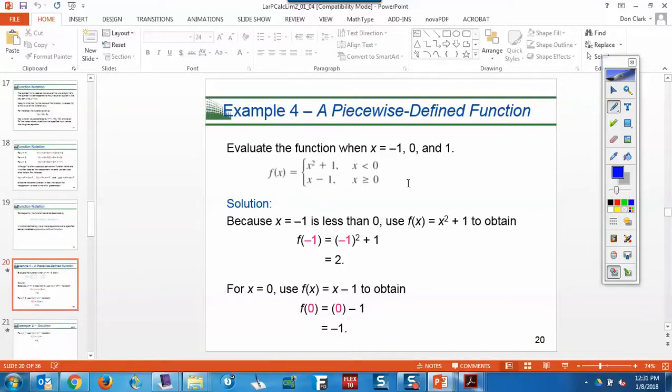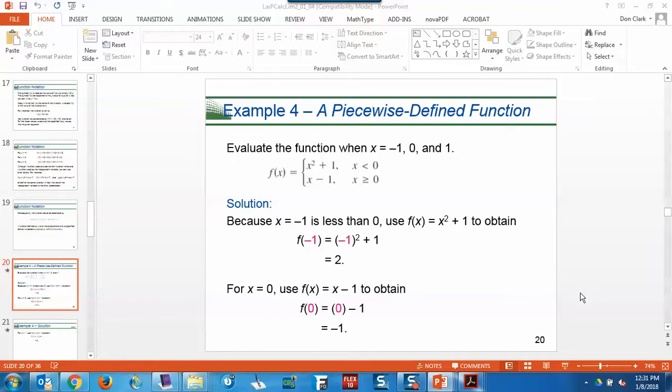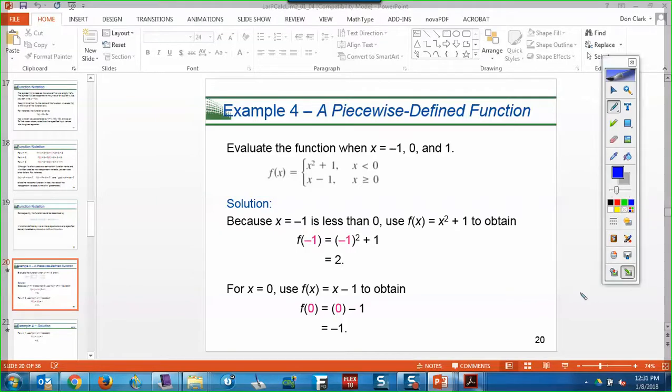All right, so next thing, talk quickly about a piecewise function. Sometimes that notation looks a little scary, and you did these in Algebra 2, right? Does that look familiar? It looks a little scary, but it's not. All it says is, we're just going to take a graph and do it in pieces.